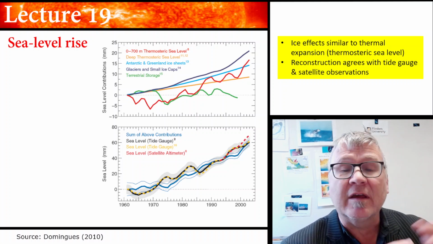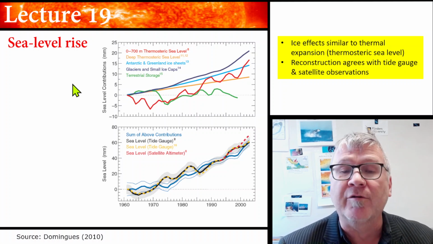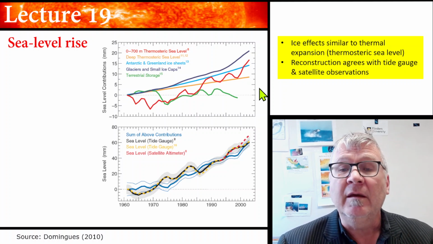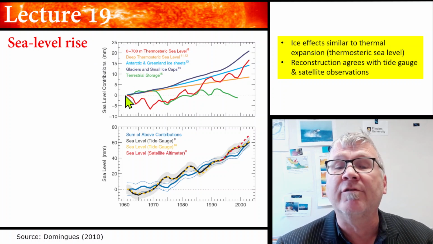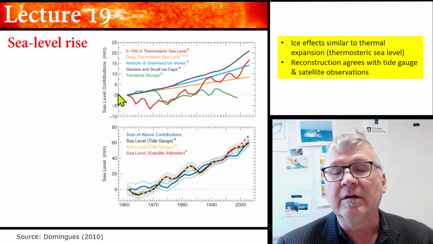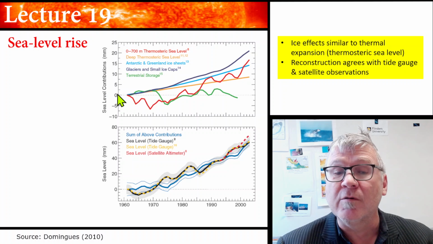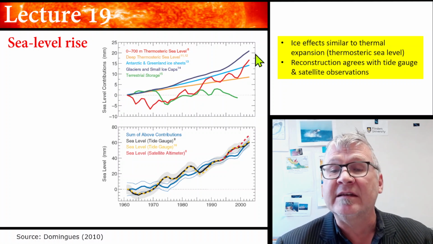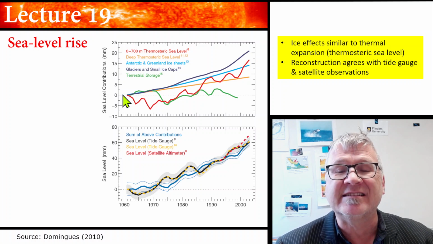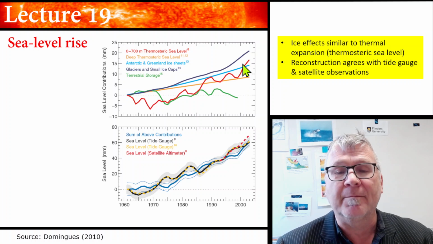So let's have a look at the sea level rise reconstructed. We focus on the upper graph. There are several curves in here which show you contributions to sea level rise. The reference is 0, and then we go up to 20 millimeters as a time series from 1960 to 2010, around that time.